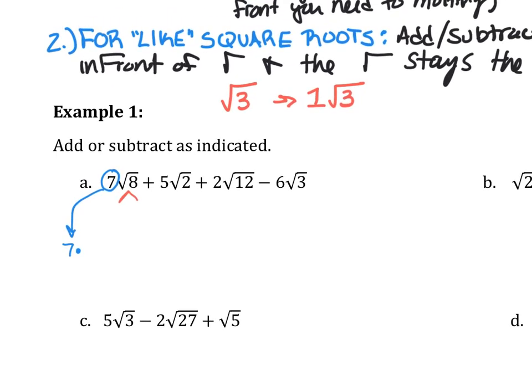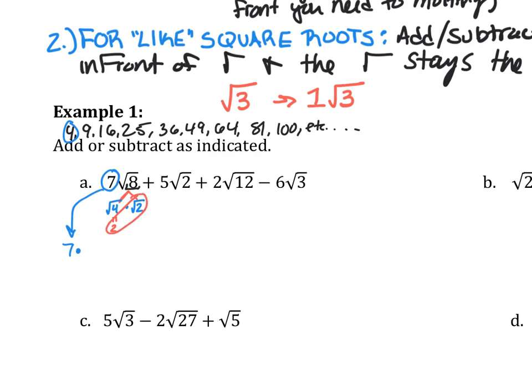Our perfect squares are 4, 9, 16, 25, 36, 49, 64, 81, 100, etc. We're trying to find the biggest one of those numbers that can go into this radicand, the number under the square root. In this case, 4 is the largest perfect square that can go into 8. So it's the square root of 4 times the square root of 2, because 4 times 2 is 8. The square root of 4 is 2, because that's a perfect square, and there's nothing more we can do with the square root of 2, so we're stuck with those two.